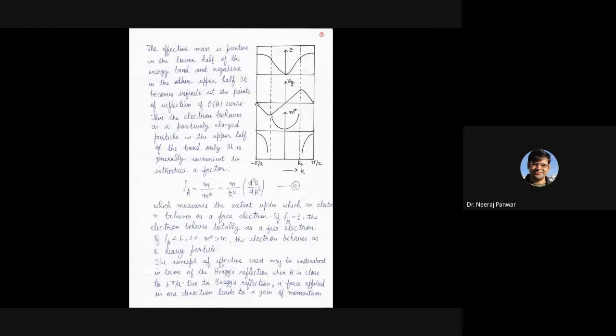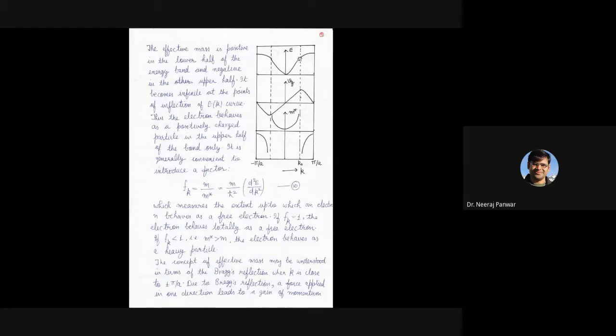If we see the plot of velocity, at k equal to 0 the velocity of the electron is 0, then it keeps on increasing, but at the point of inflection the slope becomes 0. This parabola is upward, and here the parabola would be downward, and the point where the two curves meet is known as the point of inflection.